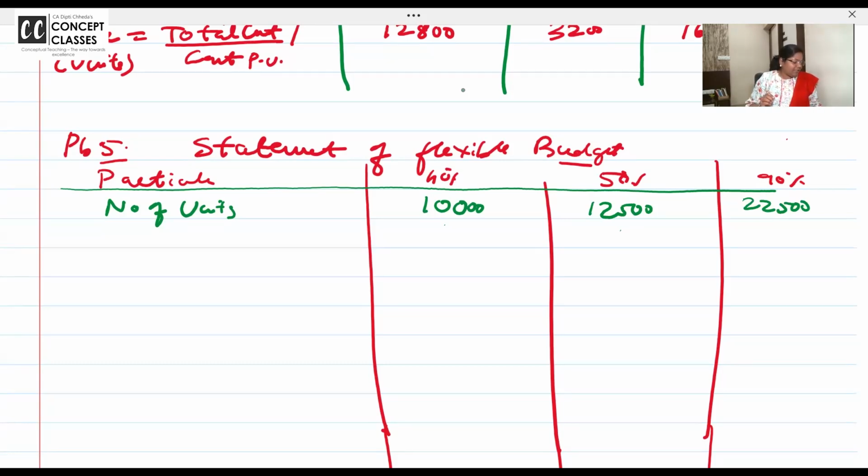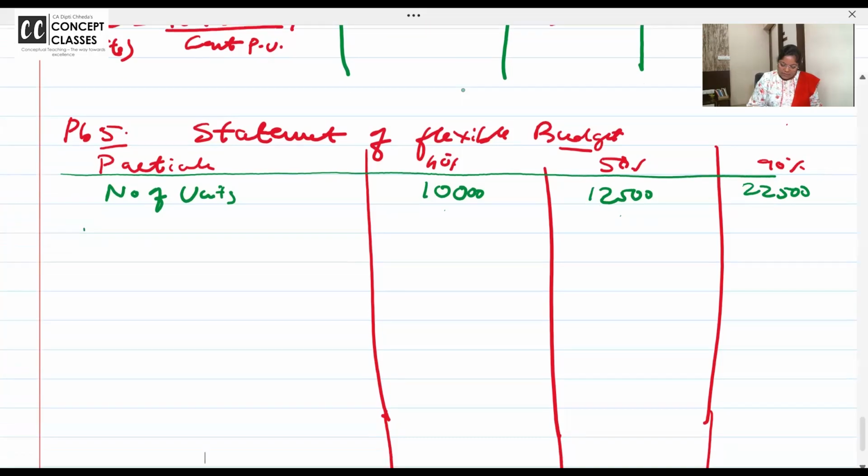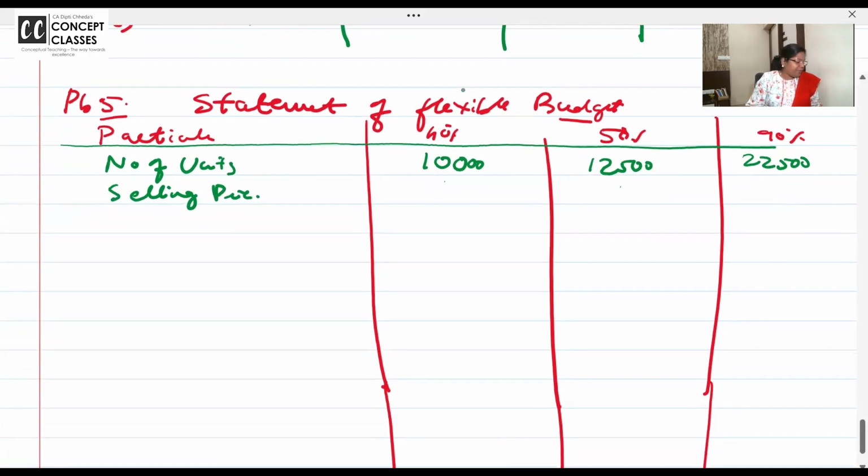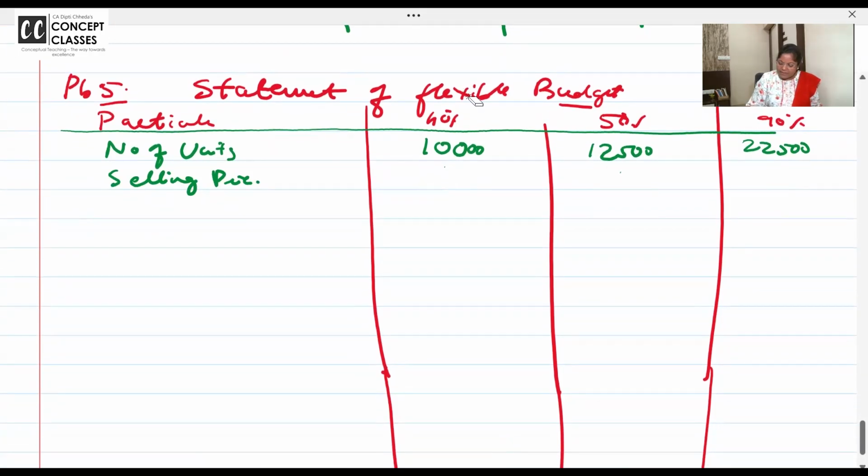Let us take the sales. First, selling price. At 40% the selling price is 20. Read the problem. Below the table it is given. Price will fall by 3% at 50%. 97% of 20. Are you understanding?